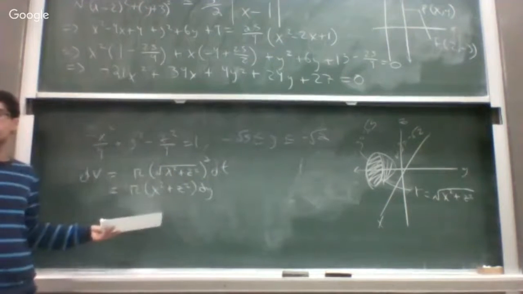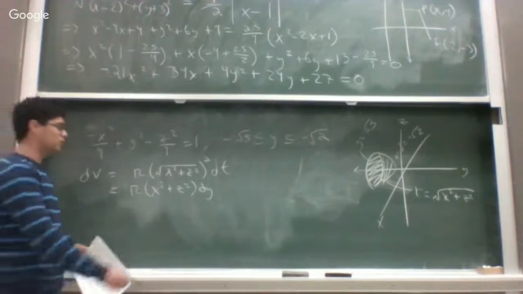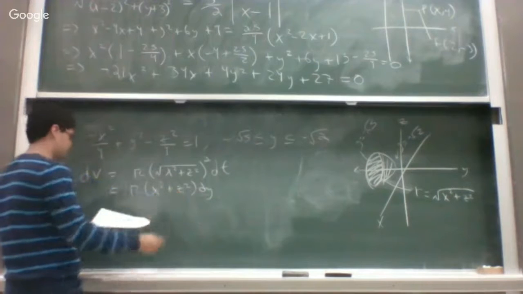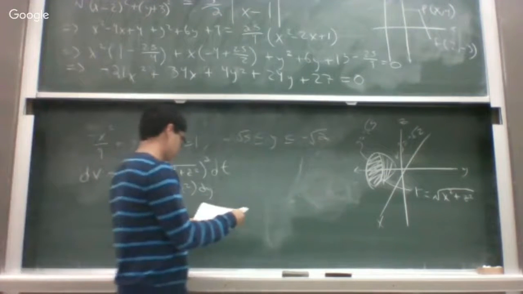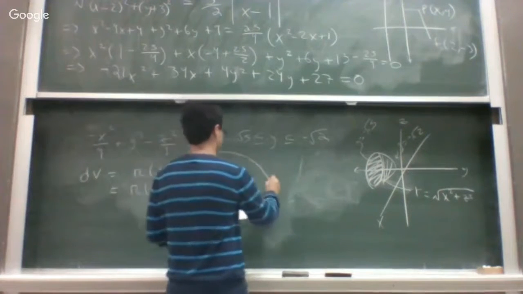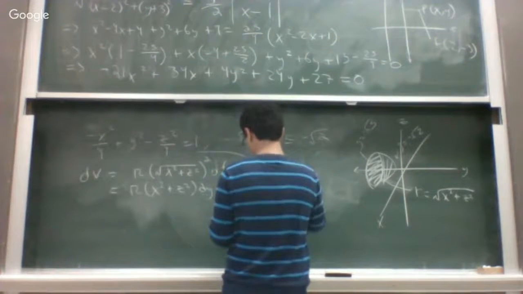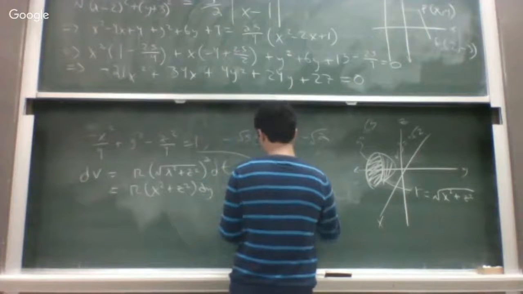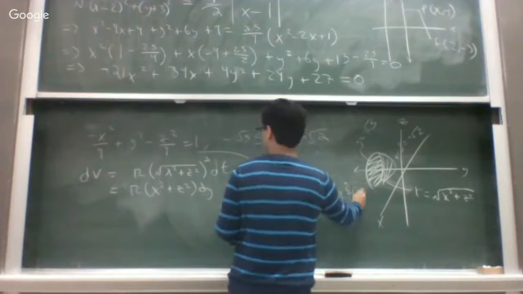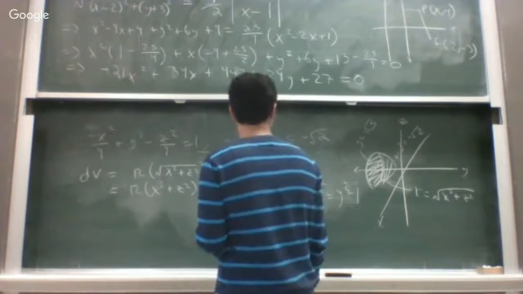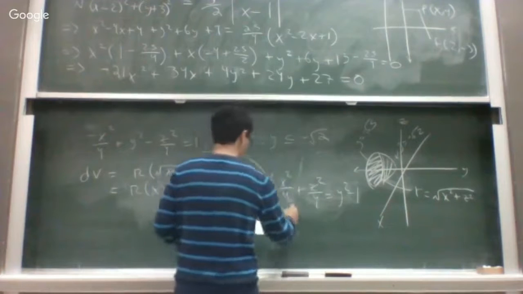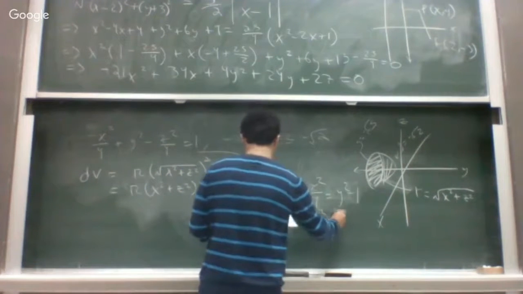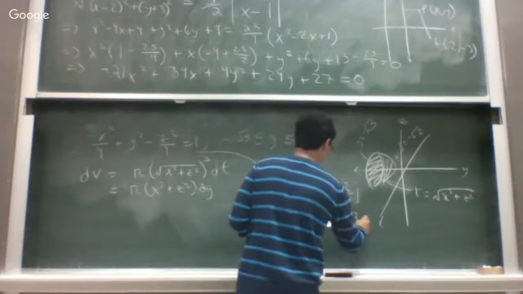We want this formula to be in terms of y to integrate it, since we have dy. So we solve this equation essentially for x squared plus z squared. We get x squared over 4 plus z squared over 4 equals y squared minus 1. You multiply everything by 4. Therefore, x squared plus z squared is equal to 4 times (y squared minus 1).